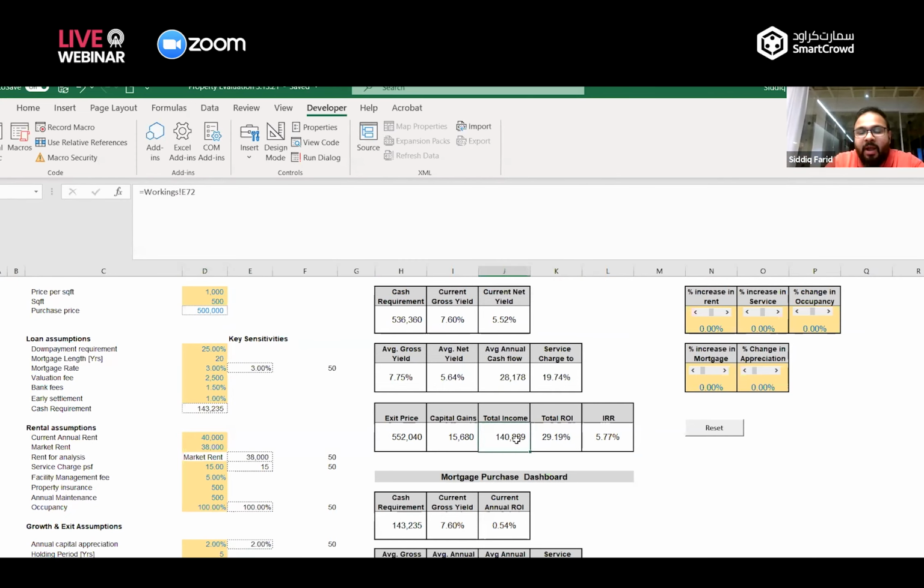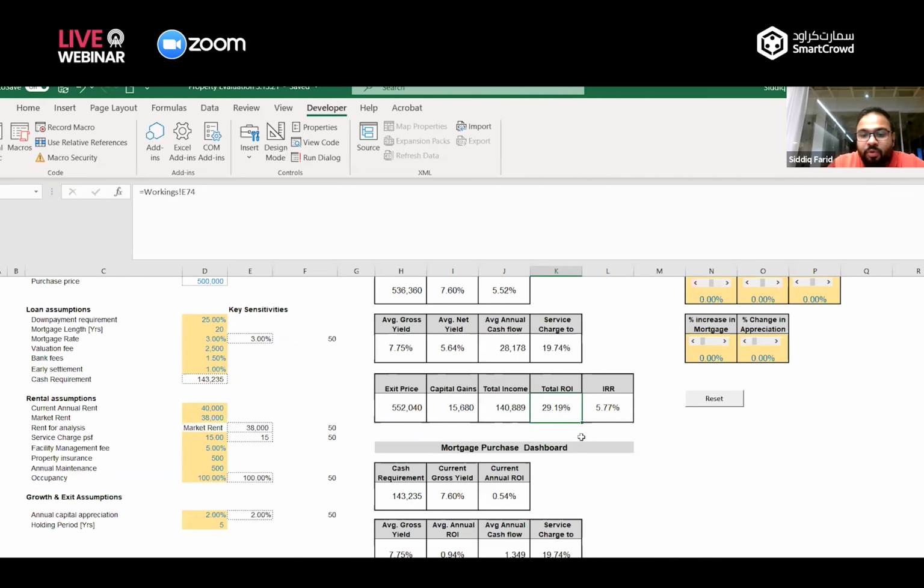But when you buy a property in cash, the biggest chunk of your return is coming from your income, because you're generating cash, right? So your total income is 140,000. Your capital gains is 15,000. So you've made a total return of 155,000 off your cash investment of 536, which equates to a total return of 29% over that 5-year holding period, for example, based on these assumptions.